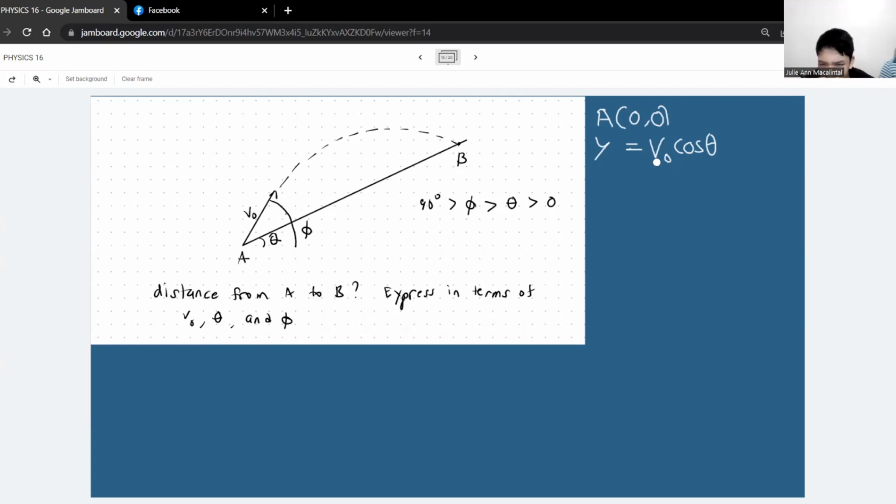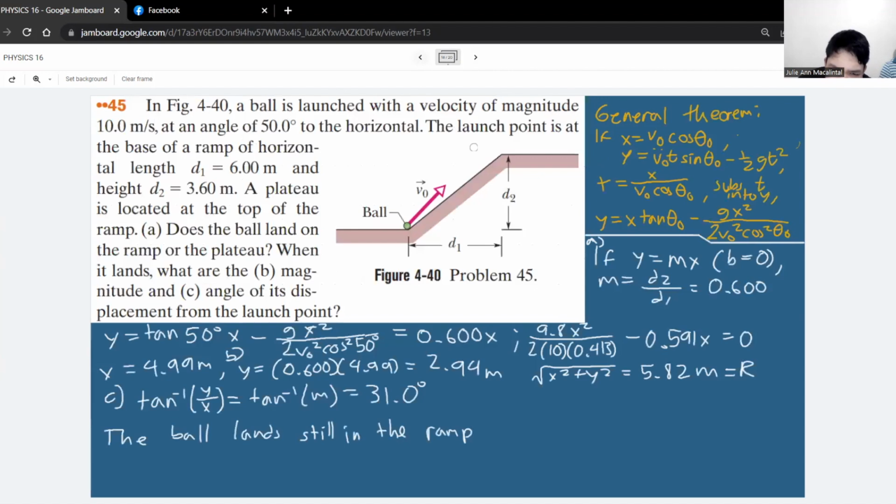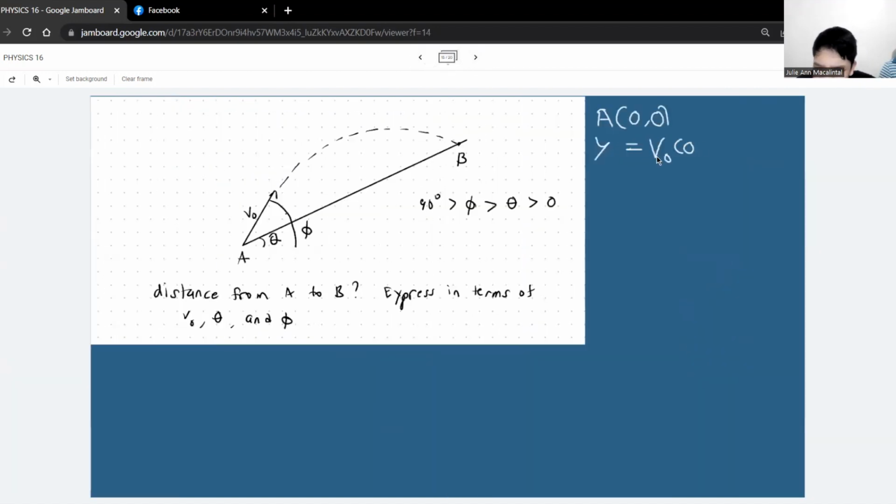Angle ng velocity V. So, that's phi yan. Okay, minus 1/2 g t square.